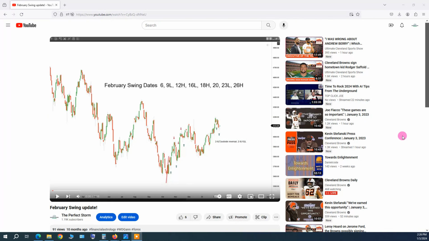For a period of time, up until about maybe a year ago, I was putting out a swing date forecast with projections for pivot dates and potential highs and lows.